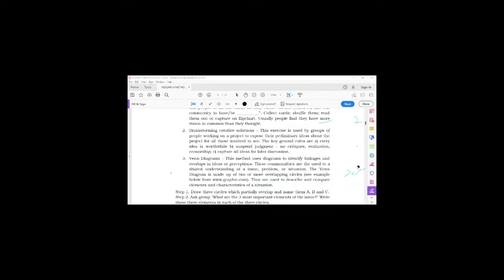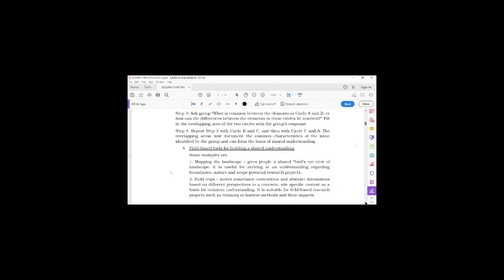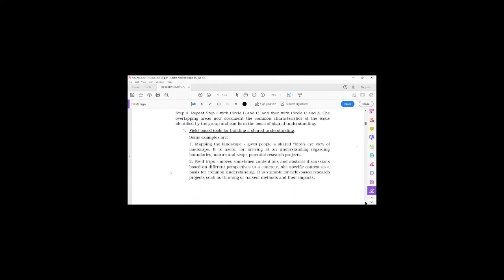This is again one of the tools used in public health, especially when you try to set certain parameters for resolving the problems. And then there are certain field-based tools such as mapping the landscape.